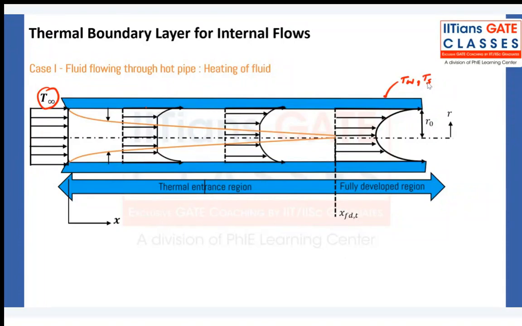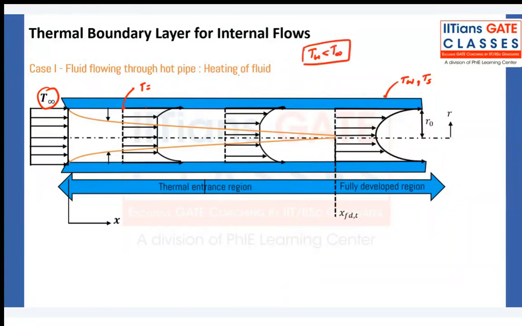Now at the surface, at this point, the fluid temperature T will be equal to how much? My condition is T wall is less than T infinity. That's how we are doing heating of fluid.